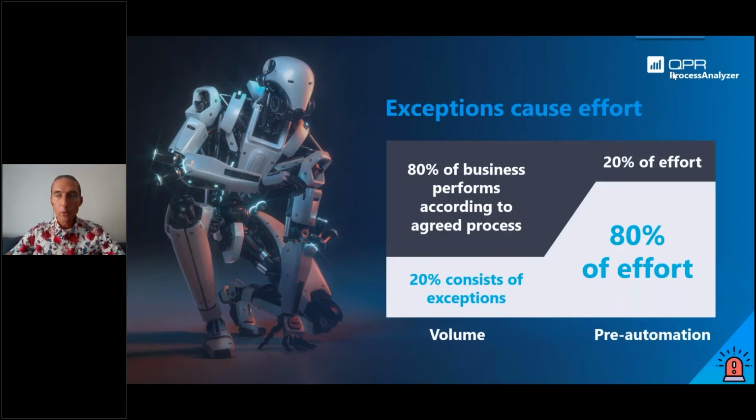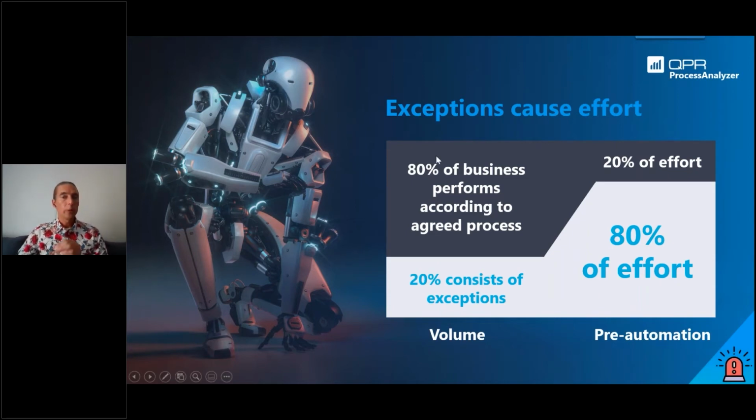And now the challenge in normal processes is that exceptions are causing the effort. We have seen in many organizations that 80% of the business may be performed according to the agreed process. So there may be an agreed way how to handle an incoming customer order.